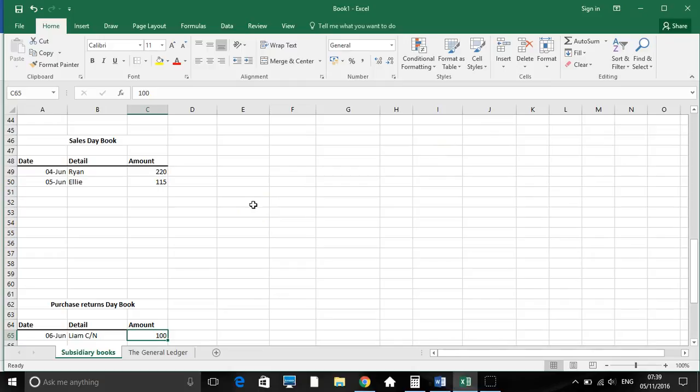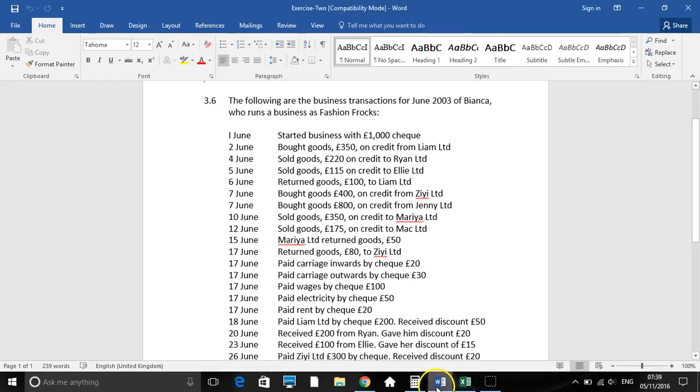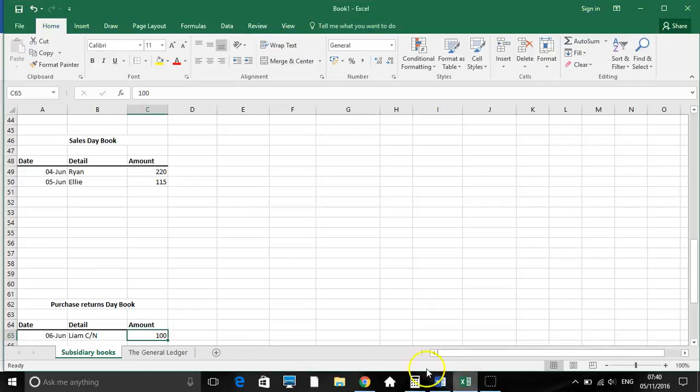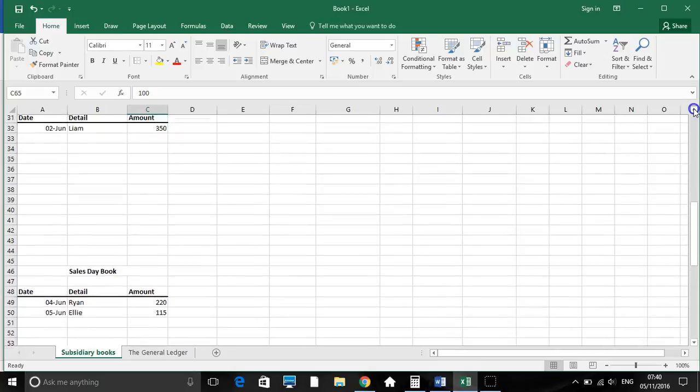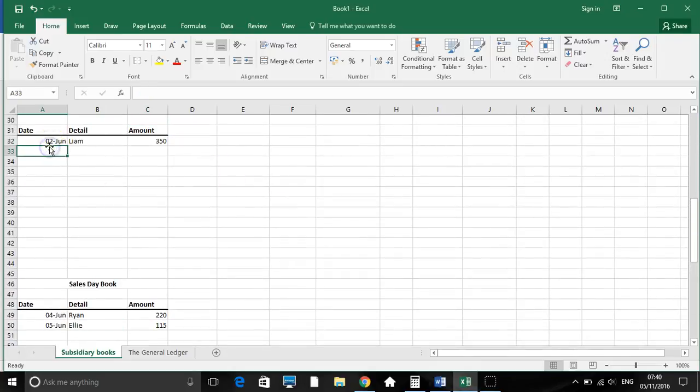Okay, and then on the 7th of June, let's go, what happens next. So we're up to here. On the 7th of June, you bought some goods worth £400 from Z Limited on credit as well. So let's go back to our purchase day book. On the 7th of June, we bought some goods from Z for £400.